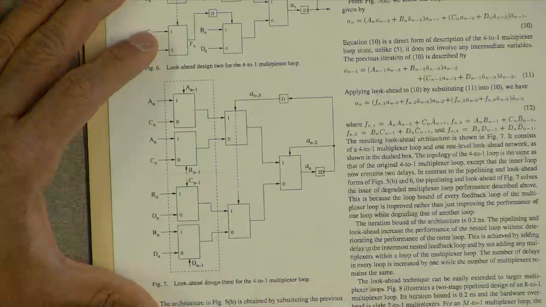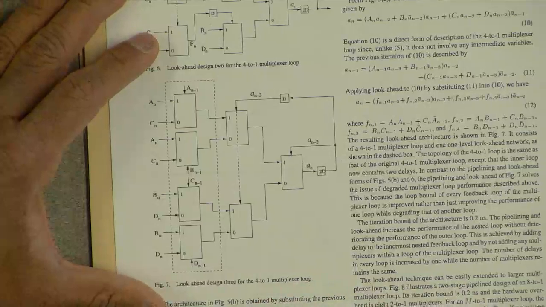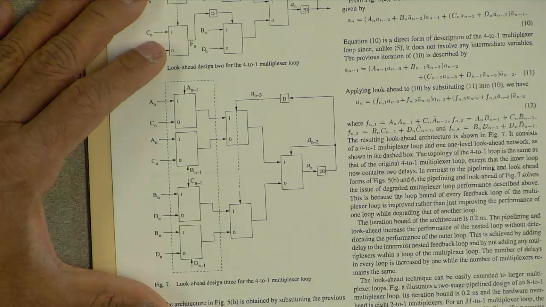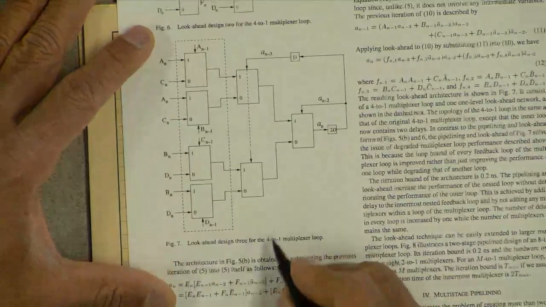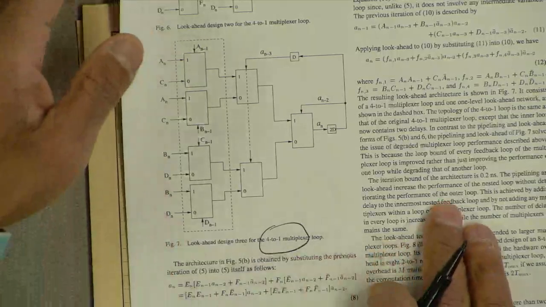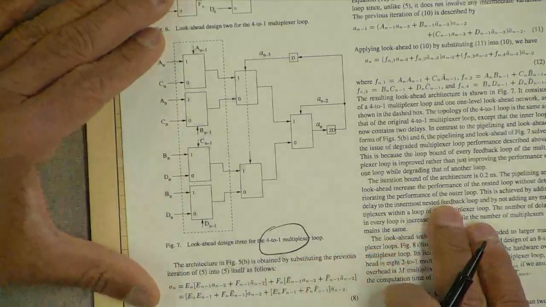Now if we have a 4 to 1 multiplexer loop here, this is based on 2 binary states.